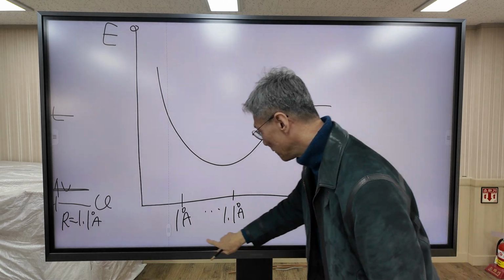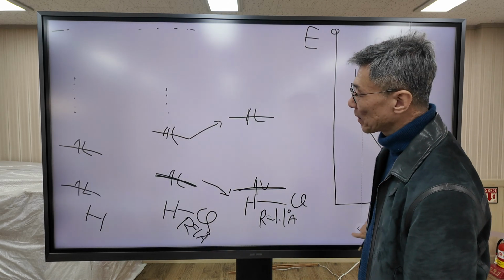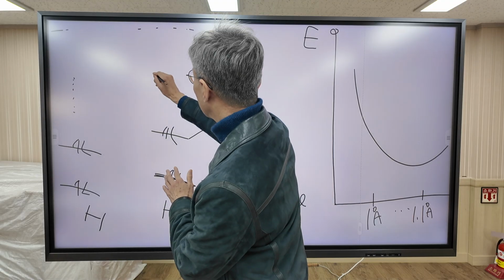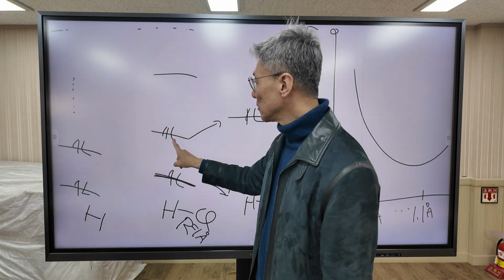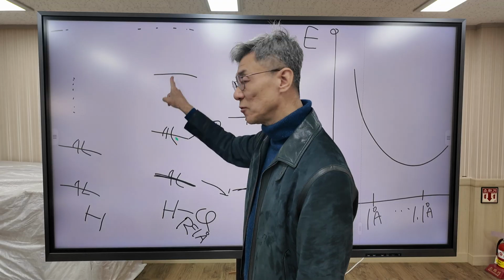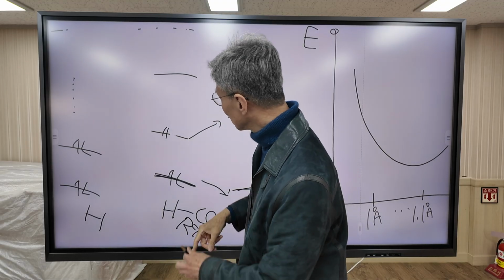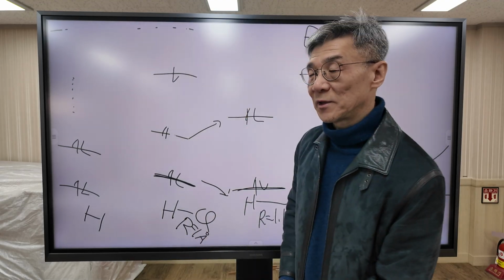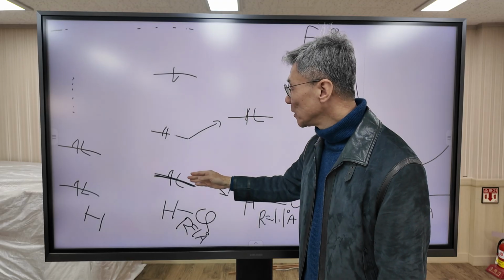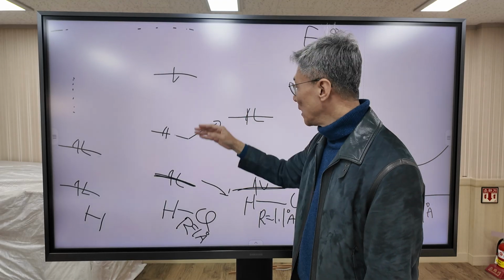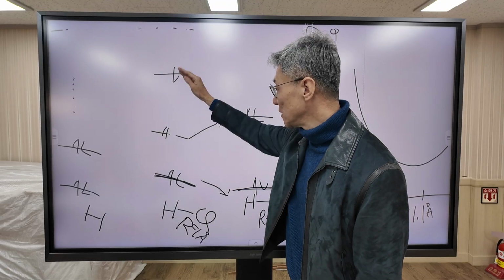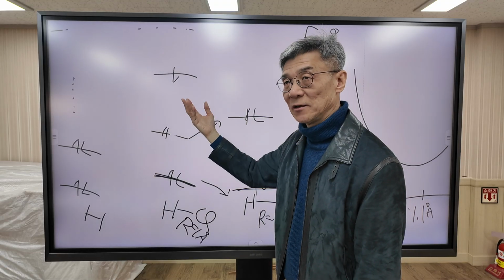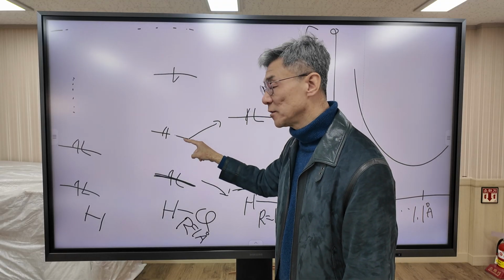Now, furthermore, this is the ground electronic configuration. Sometimes the electron may be excited to another orbital. So this electron is excited to another orbital. Now the electronic configuration is changed, so I can calculate all the energy the electrons have. It is changed because the electronic configuration is changed.